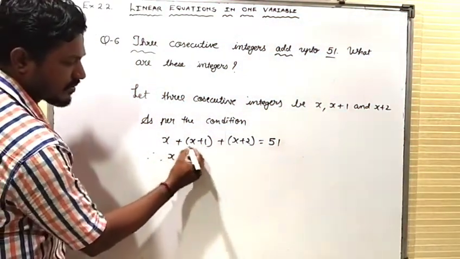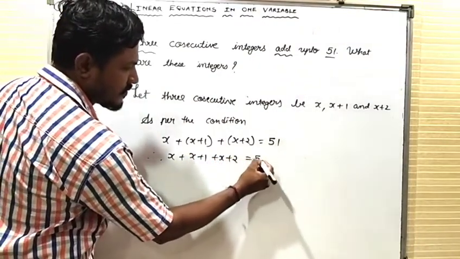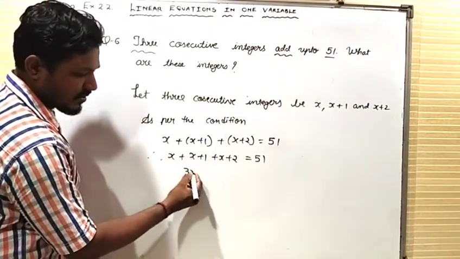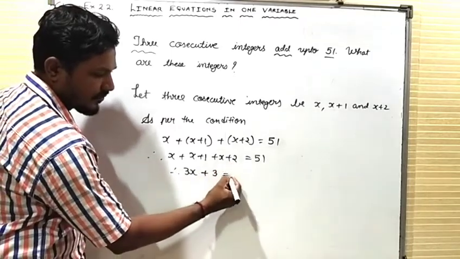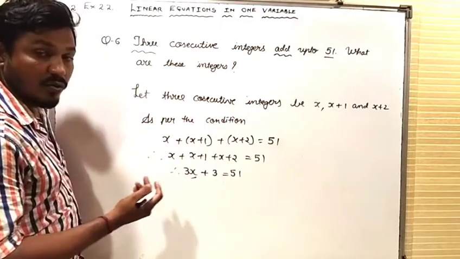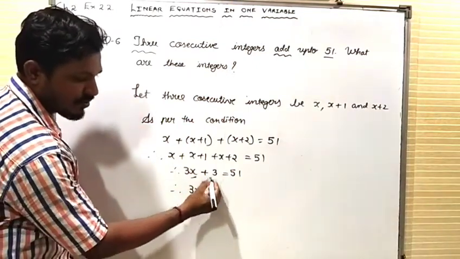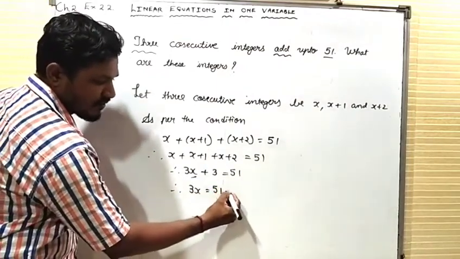Therefore, x plus x plus 1 plus x plus 2 gives 51. x plus x plus x is 3x. 1 plus 2 is 3. Now we need to find the value of x, that is the unknown quantity. As I told you, always try to separate the value. So you need to transpose the 3 on the right hand side. So it will become minus.